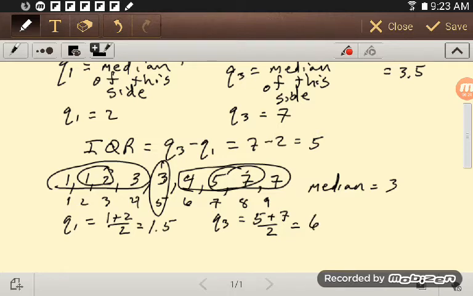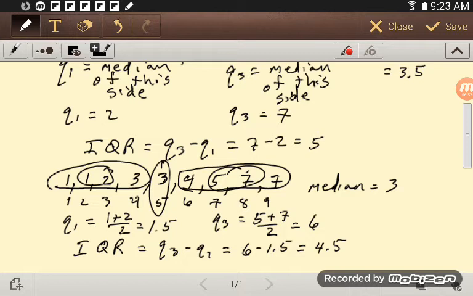And so in this case, our IQR is equal to Q3 minus Q1, which is 6 minus 1.5, or 4.5. Okay, so those are our methods for calculating IQR.